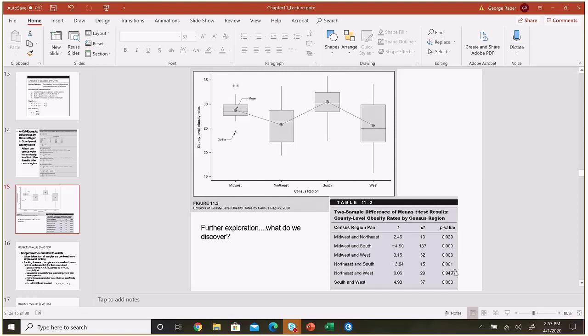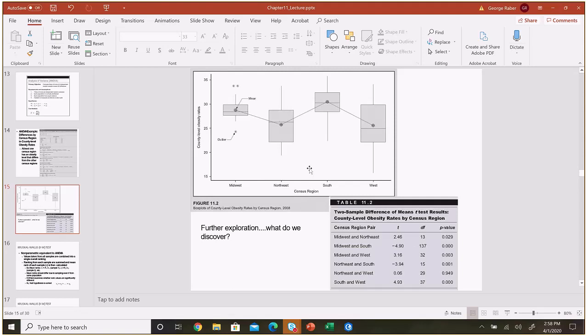It looks like almost all the other ones, except for the Midwest and Northeast, it would depend on whether or not we wanted to call this a one or two tail test. If it was a one tail test, we would definitely, that's the Midwest and the Northeast. So if we had some reason to believe that the Northeast should have lower obesity rates, then we could set that as our alternative hypothesis, and we could reject the null hypothesis that they're equal and say that they are in fact two different populations.